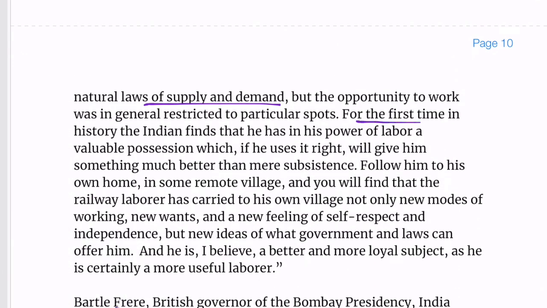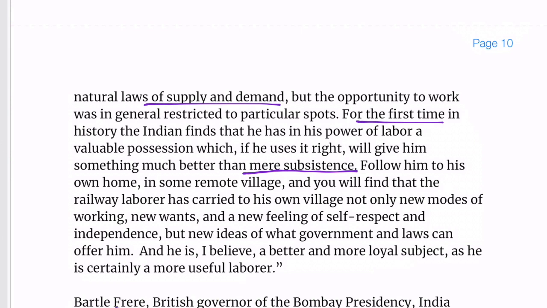For the first time in history, the Indian finds that he has in his power of labor a valuable possession, which, if he uses it right, will give him something much better than mere subsistence. That means he can make more money than just survival.